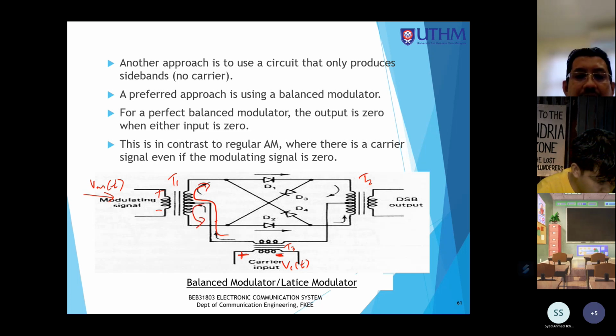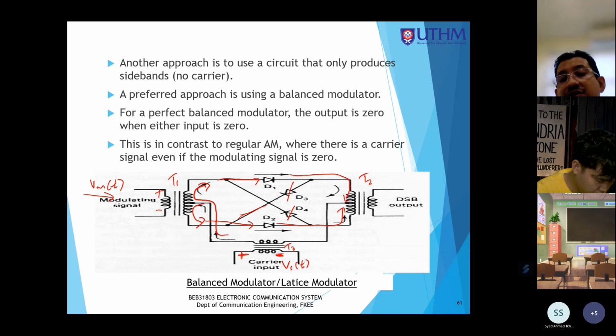So at this time, we can see that the current flows in these directions, and we can see that D1 and D2 will switch on, whereas the current cannot flow through D3 and D4 because of reverse bias. So D3 and D4 will switch off at this moment, and current will flow in these directions.